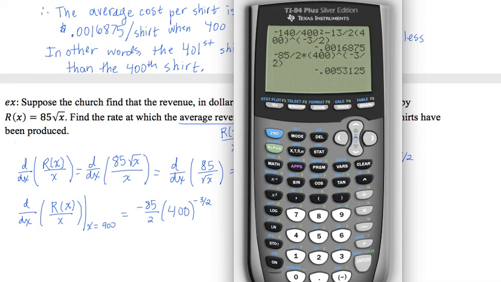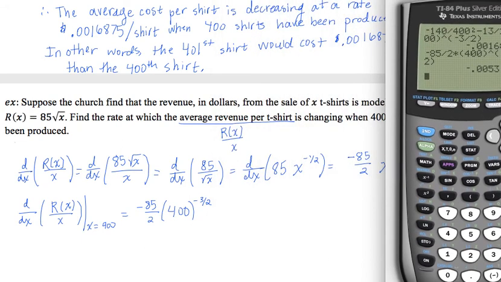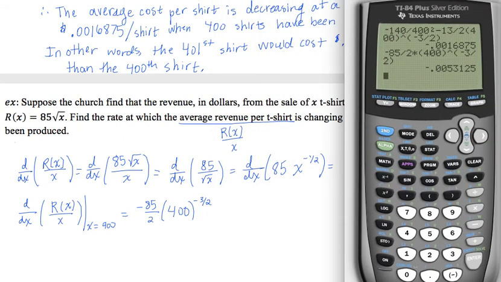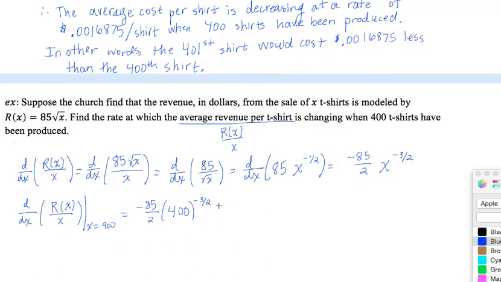Okay, that becomes negative 0.0053125. That's the rate at which the revenue is changing when 400 shirts have been produced.